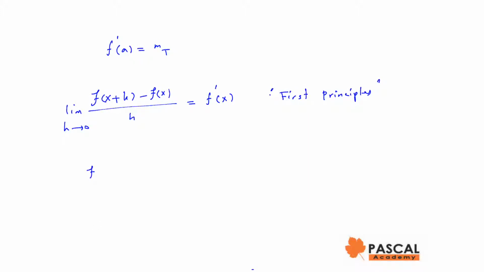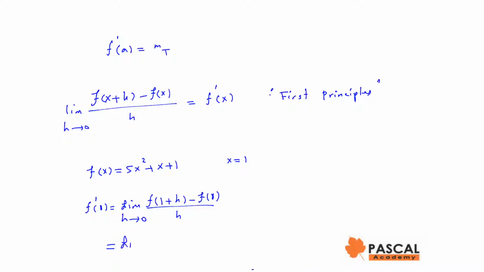Let's find the derivative of f of x equals 5x squared plus x plus 1 at x equals 1. f prime of 1 is the limit of f of 1 plus h minus f of 1 over h as h approaches 0, which is the same as the limit of 5 times (1 plus h) squared plus (1 plus h) plus 1 minus 7 over h as h approaches 0.